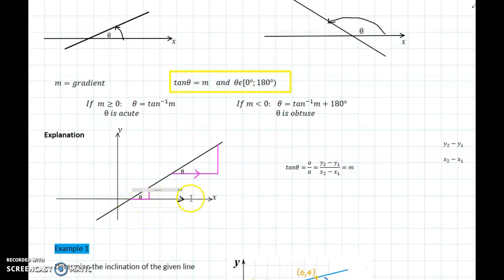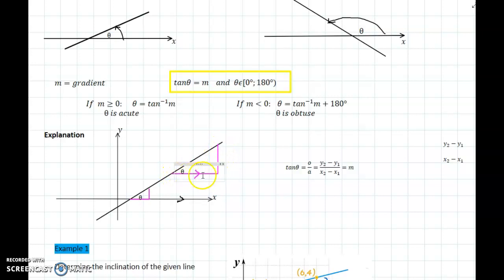But of course I can draw any line horizontal to the x-axis. And then can you see these would be corresponding angles, so that's also theta. So whether I work with it here or whether I work with it there, I'm still talking about the inclination of a line. And so let's work with it here, only because my right angle triangle that I've drawn here is much bigger.